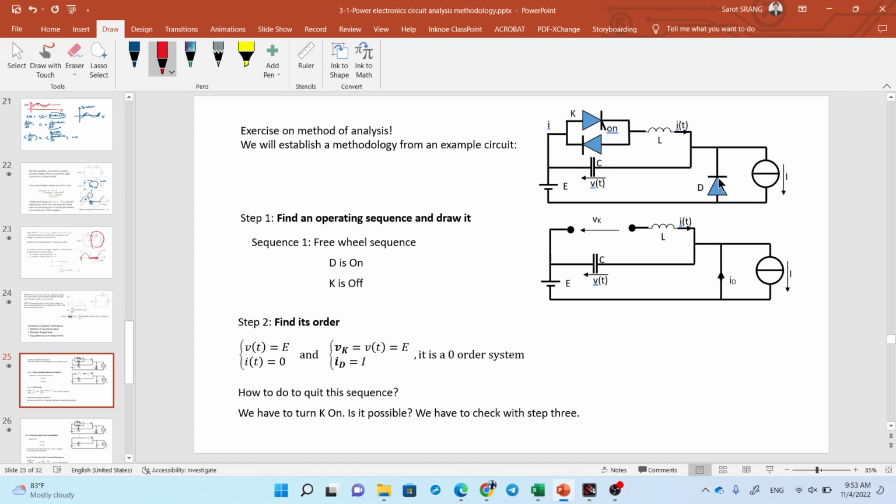And this method also has another advantage, that if you can analyze which switch should be turned on or which switch should be turned off in a certain period of time. Okay. So yeah, let's go through step by step. This method is a little bit more difficult than the previous one, actually. But anyway, you should get to know some methods.